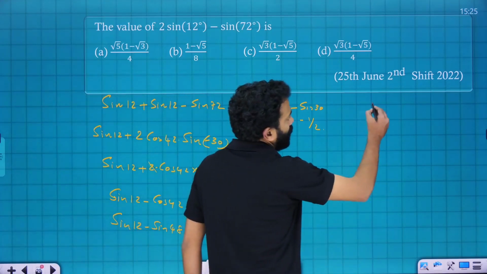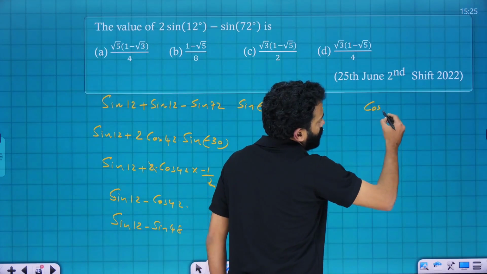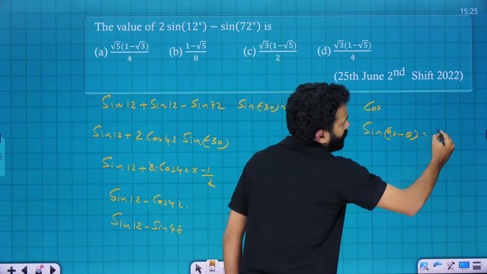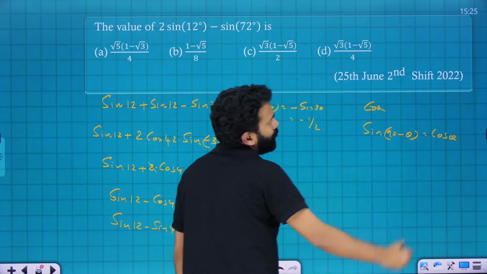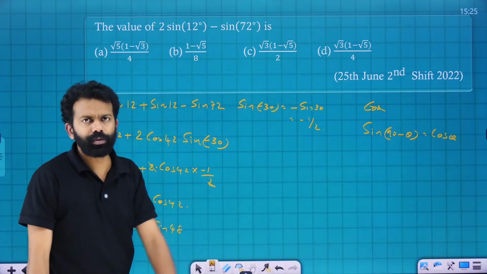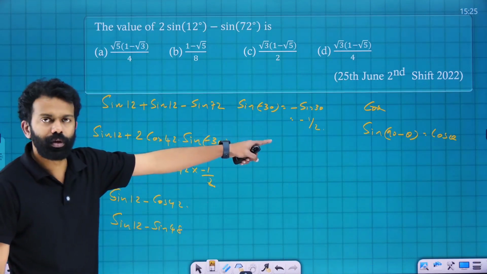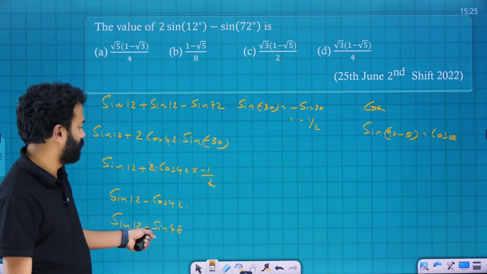We know that sine 90 minus theta is equal to cos theta, or cos theta is equal to sine 90 minus theta. Therefore, cos 42 is equal to sine 90 minus 42, that is sine 48.